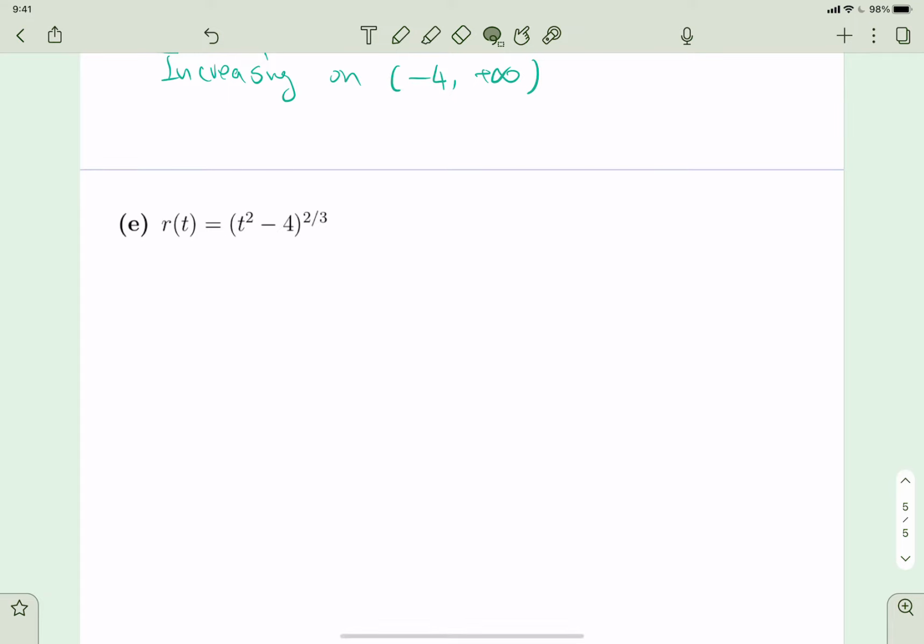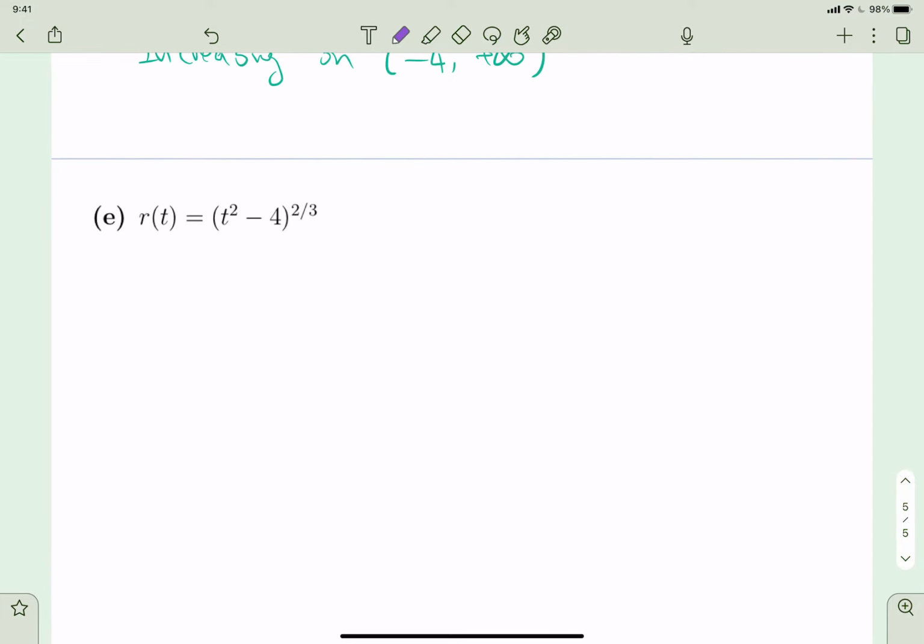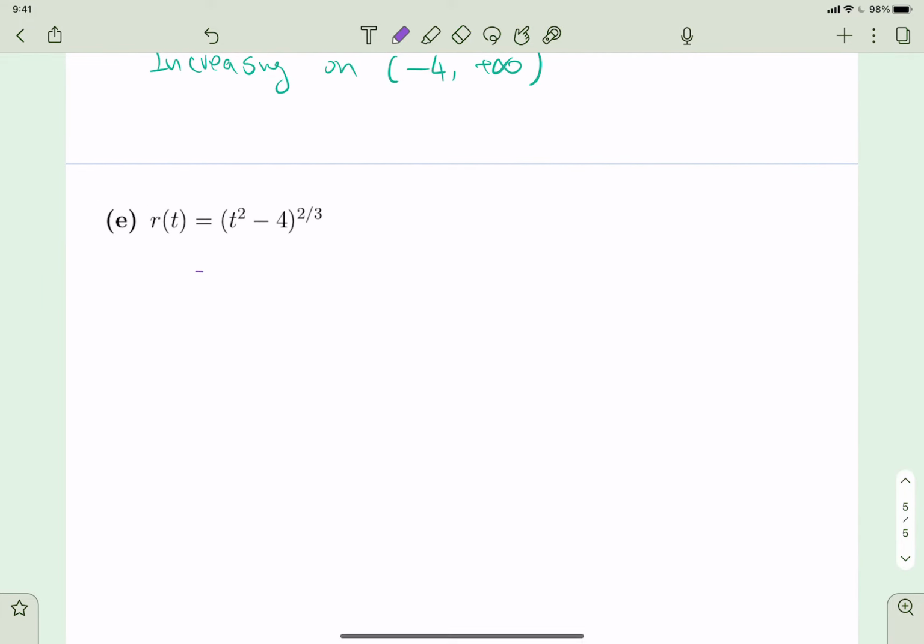This function, right? So this function is like that: the cube root of t squared minus 4, squared, right?